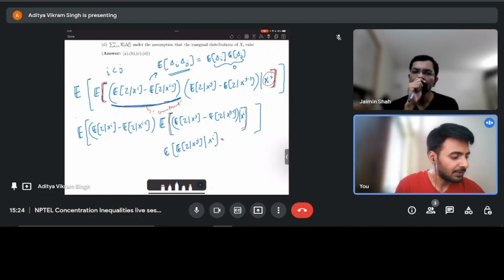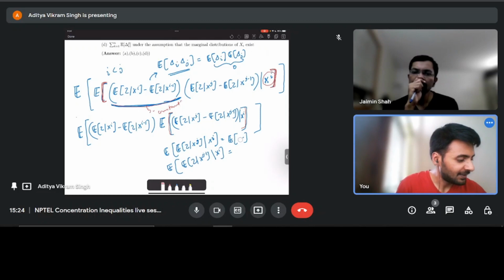So the expectation of z given xj, given xi, would just be the expectation of z given xi. Since i is less than j, we are descending: we first condition on more and now we are conditioning on less, so ultimately we have the lesser thing. Similarly the other one, z given xj minus 1 given xi, would again be z given xi.